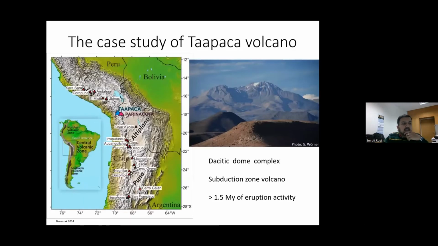So for that, we take Taapaca as our case study. Taapaca is a dacitic dome complex in the Central Andes, which is a subduction zone volcano, with more than 1.5 million years of eruption activity.